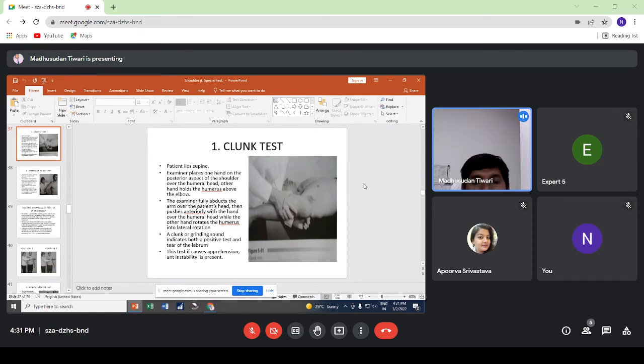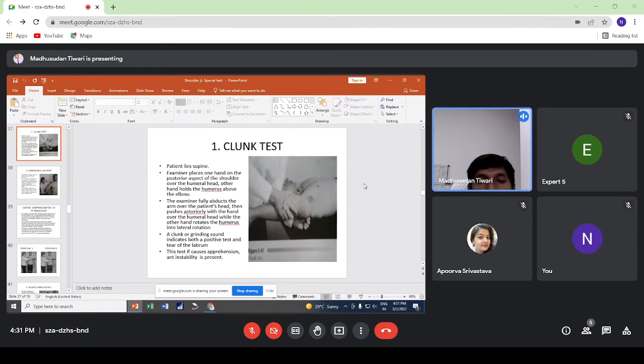The patient lies in a supine position. The examiner places one hand on the posterior aspect of the shoulder over the humeral head. The other hand holds the humerus above the elbow.